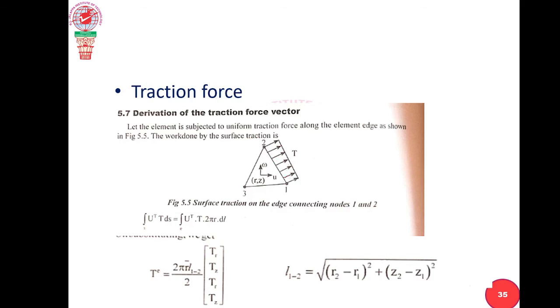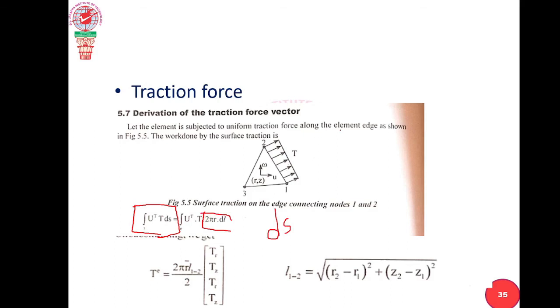So in order to find this, we are going to use work potential. You know the work potential due to traction force is u of t into ds, isn't it? What is ds?